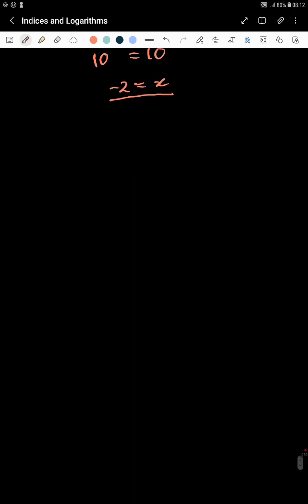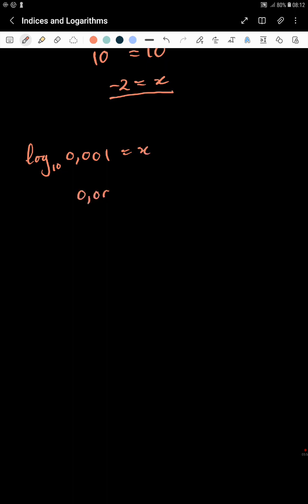And the last one, which says log to the base of 10 of 0,001 is equal to x. So we are saying 0,001 is equal to 10 to the power x. So the number of decimal places tells you how many zeros are going to be in front of 1 on the denominator, and it's equal to 3.